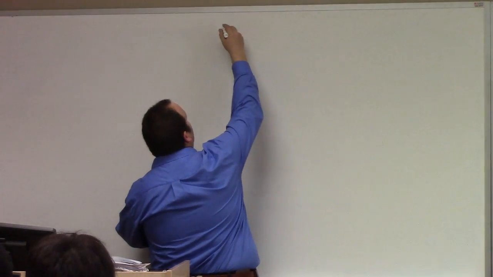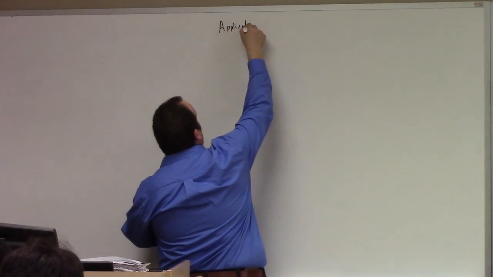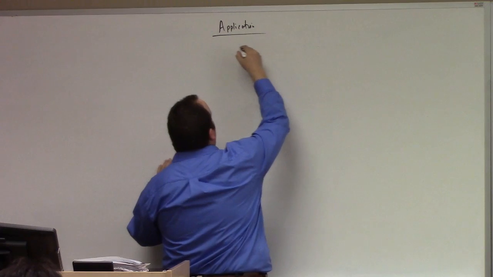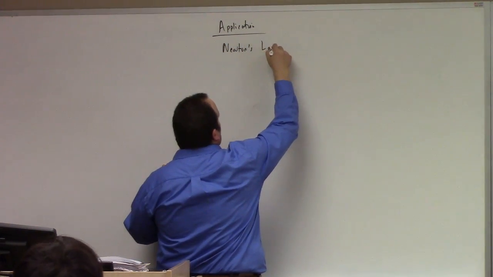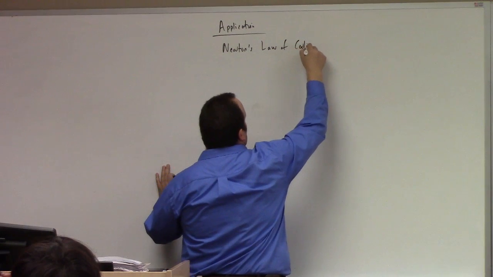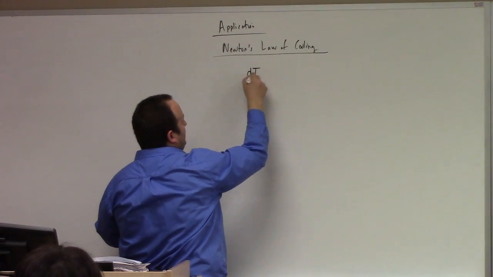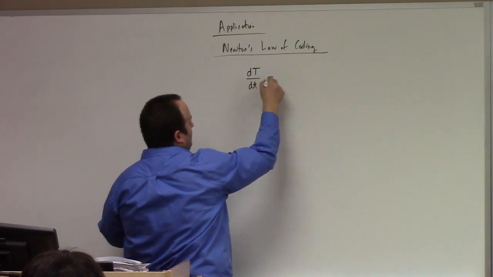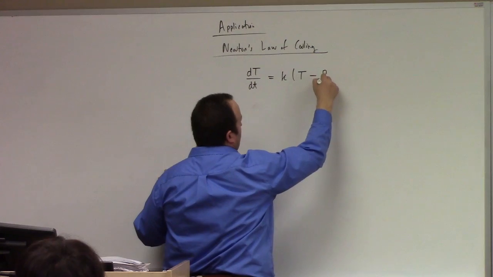Differential equations. So let's look at another application: Newton's law of cooling. It states the following: dT/dt is equal to something like k times (T minus R).